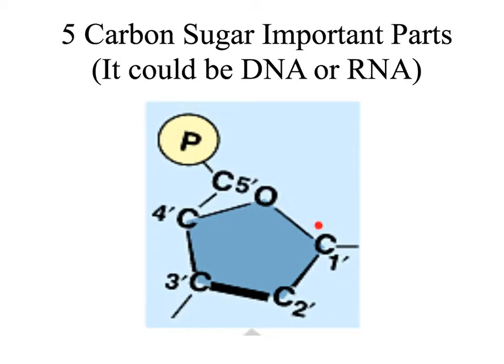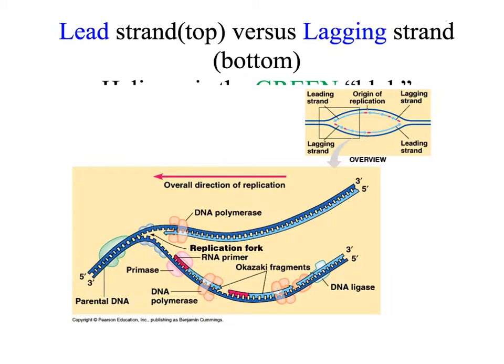Your 1', which is right here, is where you're going to have your base, so this is where you're going to have adenine or thymine or guanine or cytosine coming off of it. And then your 3' has an open bond, and that's going to be where it connects to the next piece in the chain. Does that make sense? I hope so.